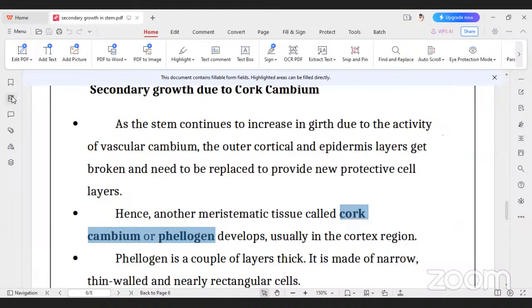Already you knew this: inside the stele, changes occur after the formation of the cambial ring. For example, this is the inside. Secondary tissues are formed on both sides.